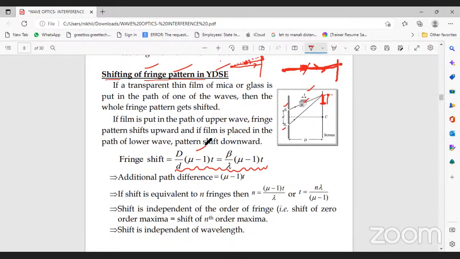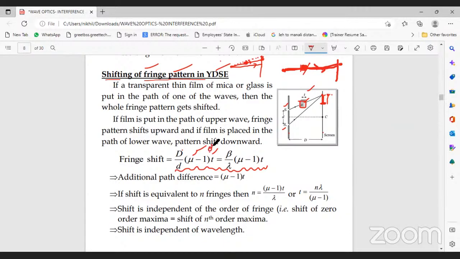Capital D by small d into mu minus 1 into T. What is T? Thickness of the slab. What is mu? Refractive index. Capital D is the distance between the slit and the screen. Small d is the distance between the two slits.